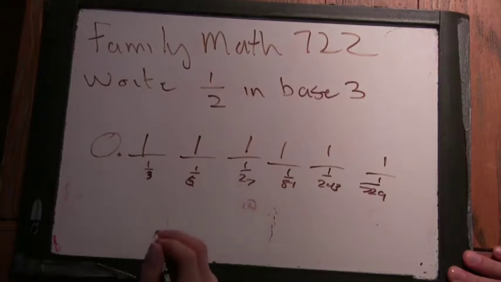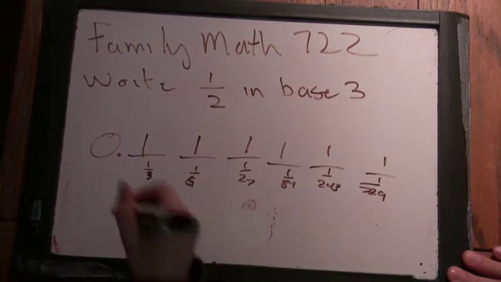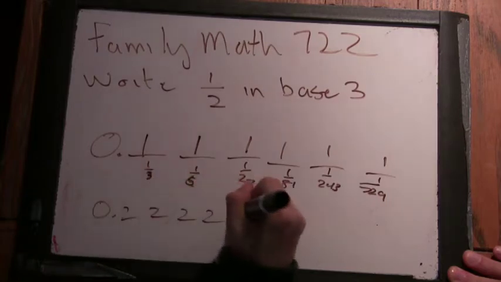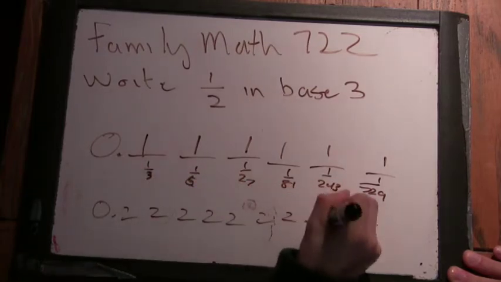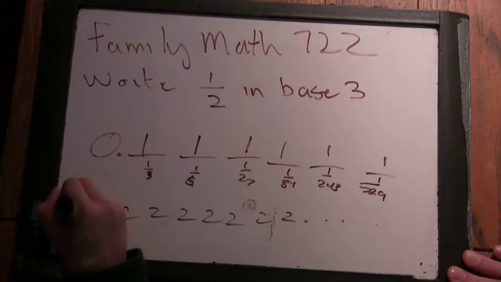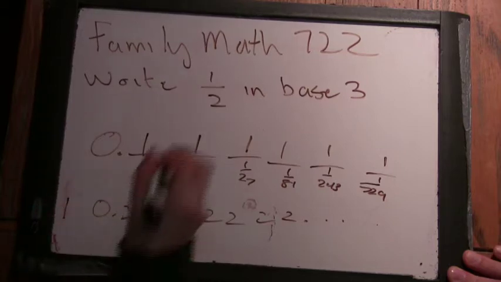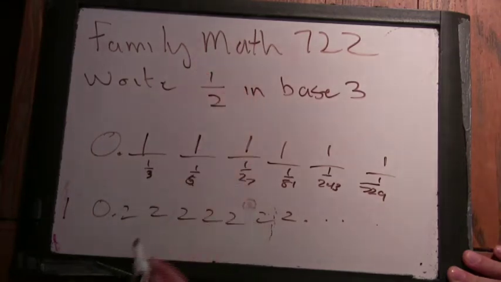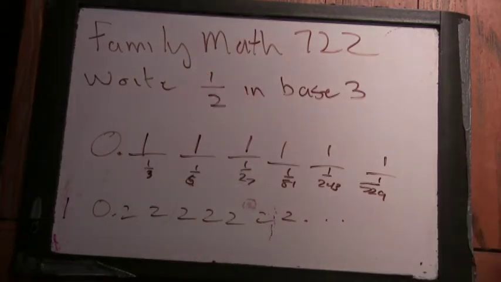So we get 0.22222 going on forever, and then this would equal 1. How come? Because if this is 1/2 and we multiply by 2, this ought to be 1.